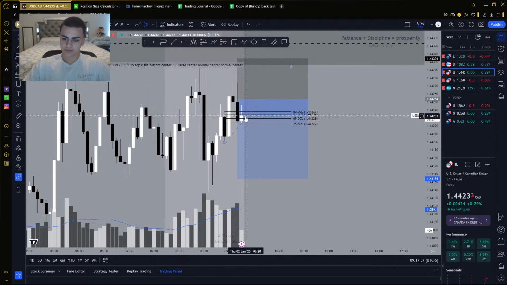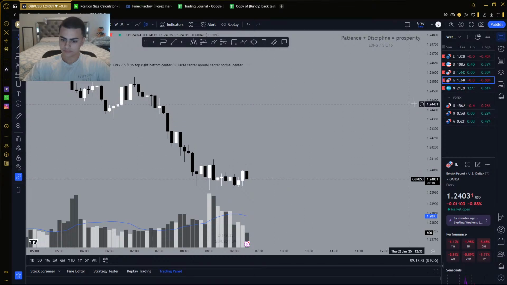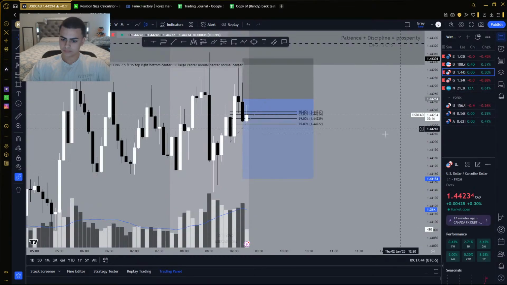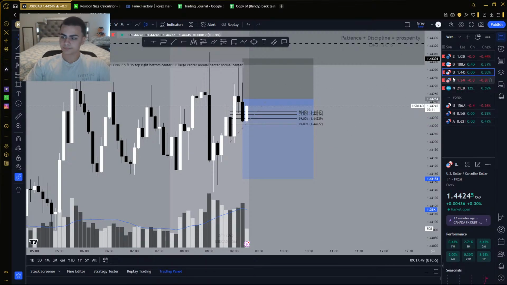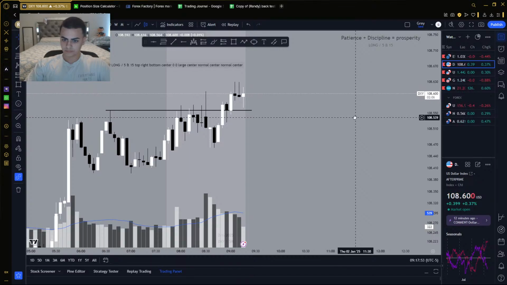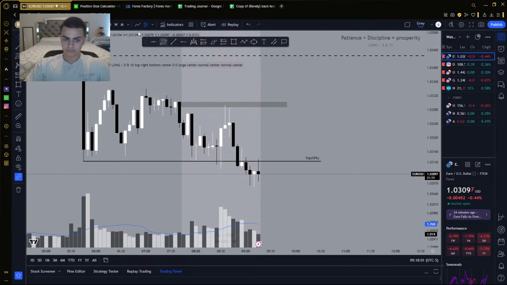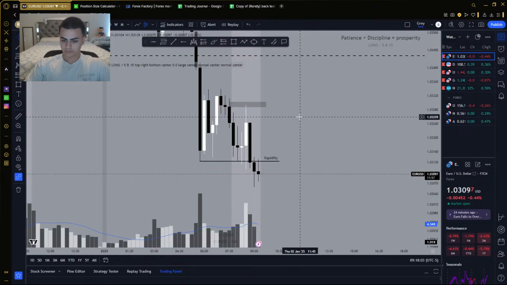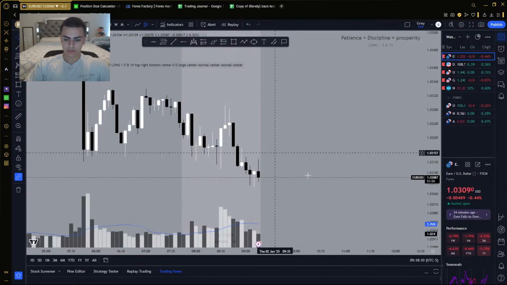Still 2 minutes left on this candle also. So it lost a lot of volume. On the 15 minutes, it looks like it might start flipping now.